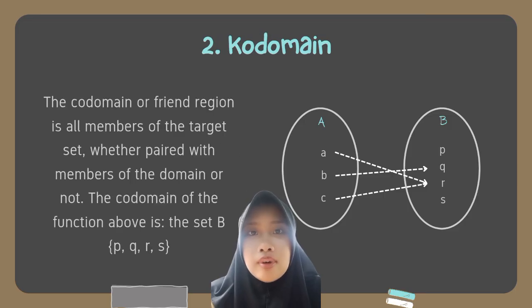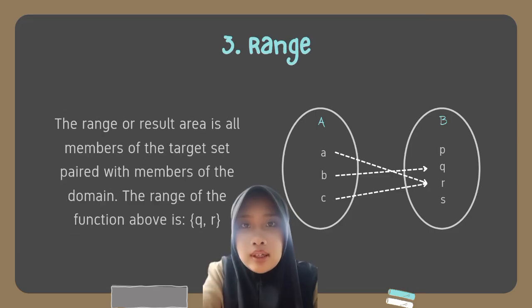2. Codomain. The codomain or friend region is all members of the target set, whether paired with members of the domain or not. The codomain of the function above is the set P, Q, R, S. 3.